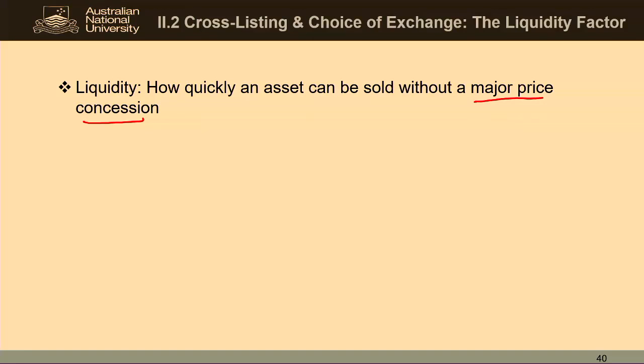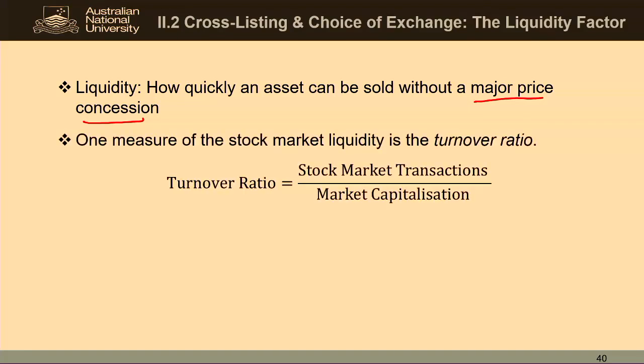So that's something that matters a lot, that you're able to keep its value. There are multiple different measures for liquidity. One of them is the turnover ratio that is used very often. This is calculated by the total stock market transactions on the market at any point in time, divided by the market capitalization of the market, right?